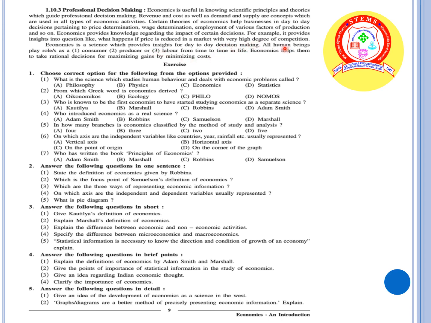Each human being plays the role of a consumer as well as a producer as well as labor from time to time. Therefore economics helps them to take rational decisions for maximizing their gains or minimizing the cost. So like this economics is useful in each individual's life on a daily basis.